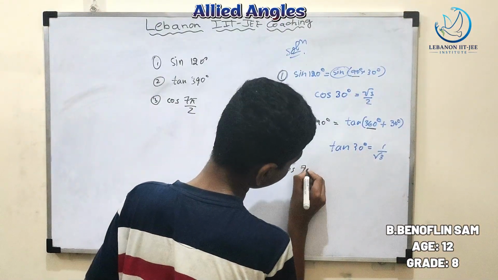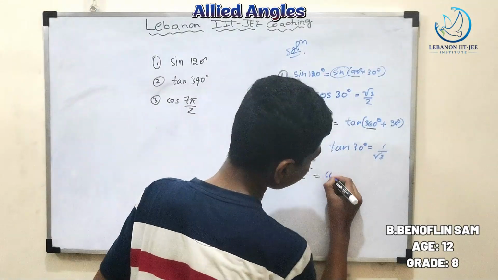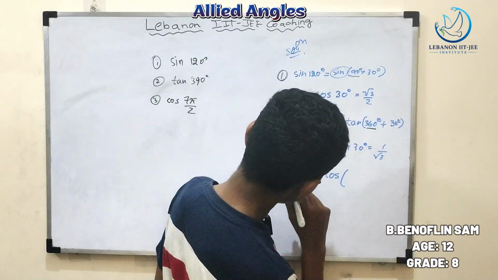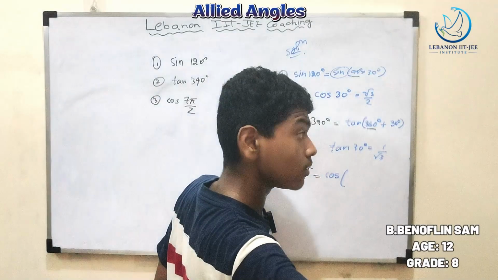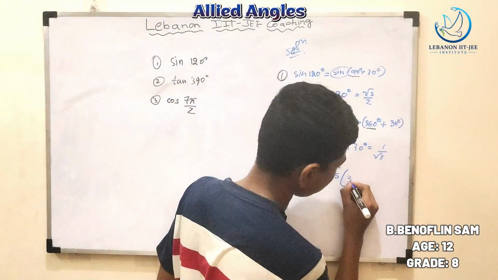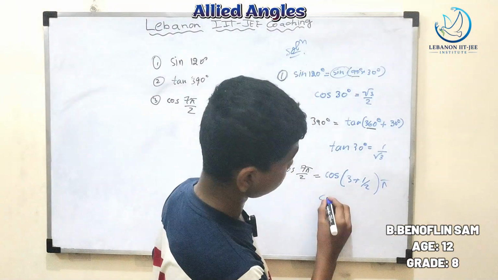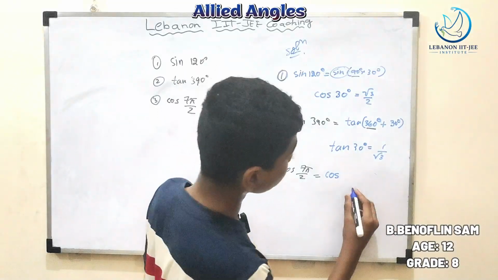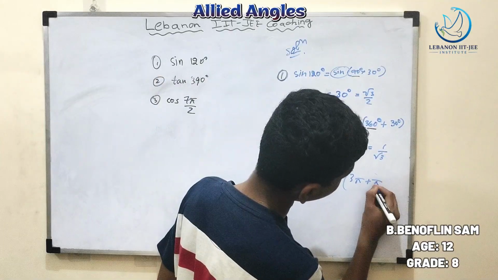Cos 7 pi by 2. See how I do it: we can take it as 3 pi plus pi by 2.